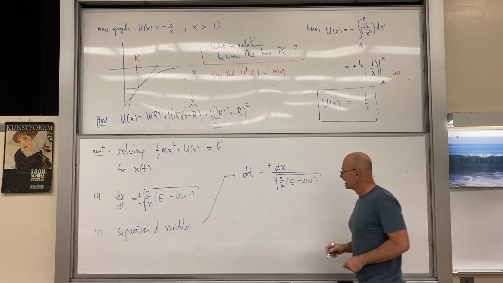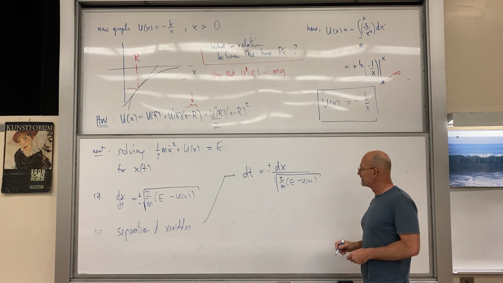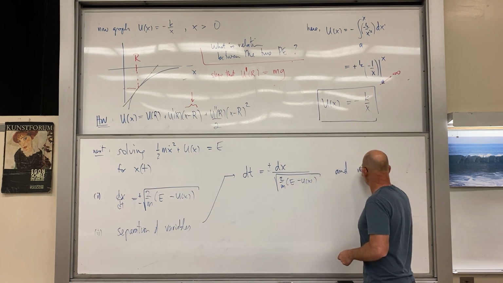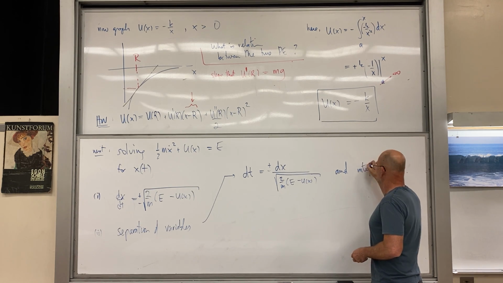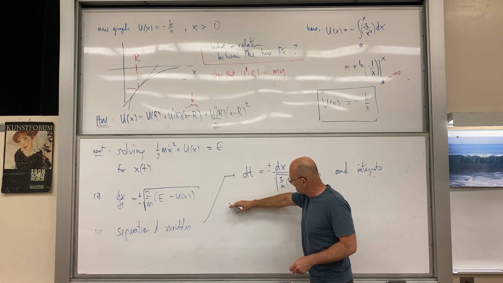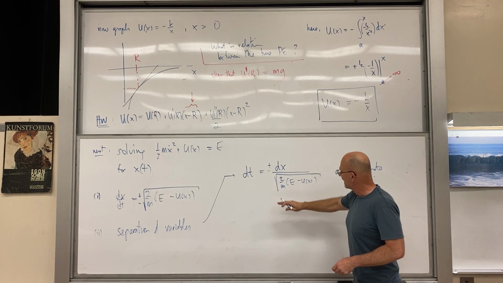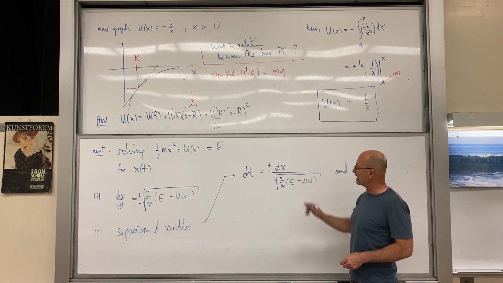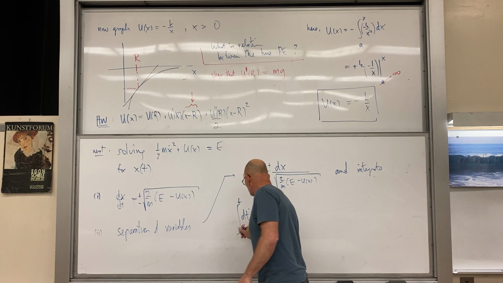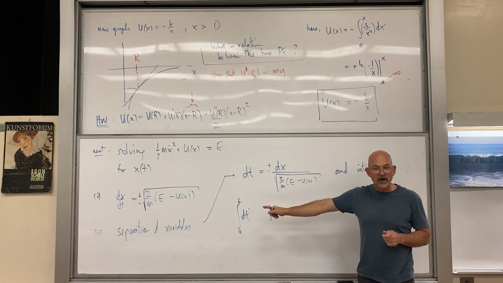Okay. And then we integrate both sides. So the integration is from, say, 0 to t, it could be from t0 to t on the left side, and from x0 to x on the right side. So I'm going to write it out. Let's go ahead and write 0 to t, and then we put a little prime there or use some other integration variable.